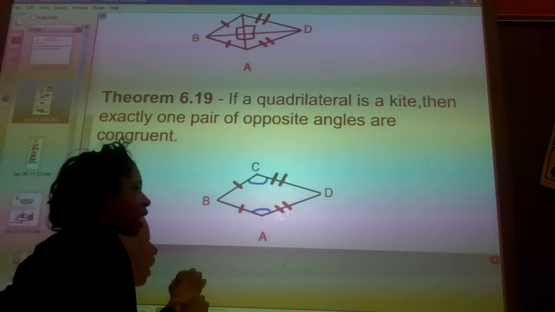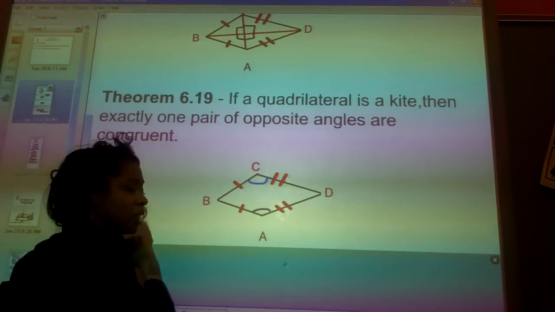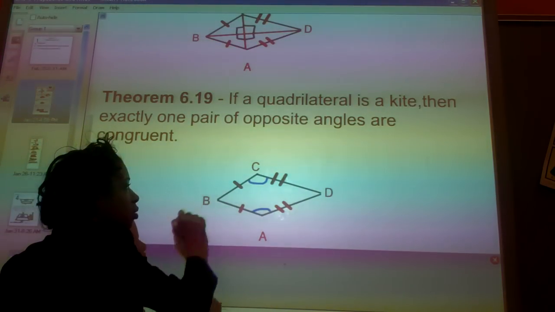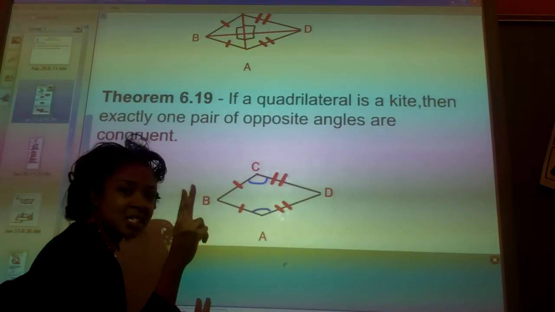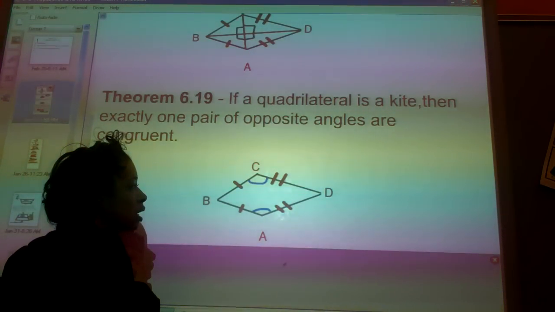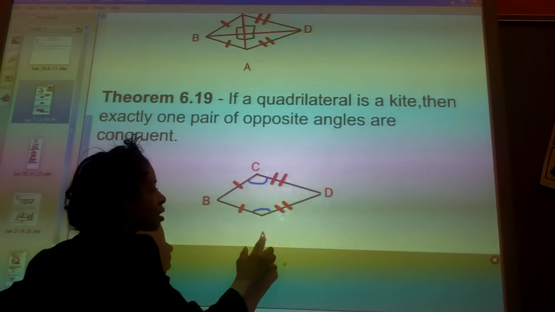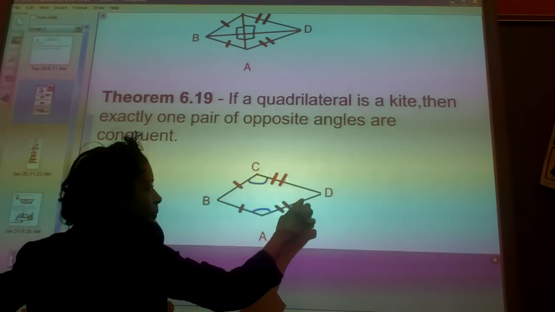So we know this is a kite because we see AB is congruent to the consecutive leg BC. Again, AB is congruent to CB. We see that there with a marker. And then the second pair, remember, you're going to have 2 pairs of congruent segments in a kite. The second pair of congruent legs are AD and CD. They are congruent to one another.